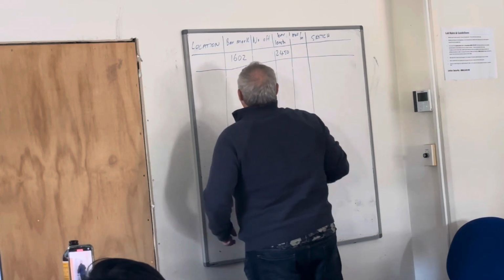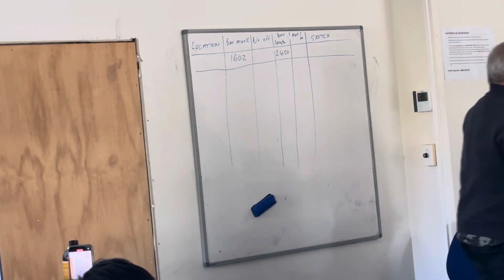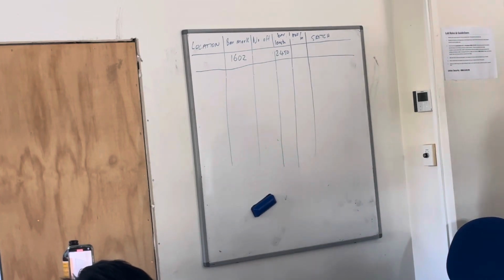Number off. How many of them are there? Well, it looks there that there's 2 of them. But how long is the retaining wall? Retaining wall is 5 metres long, and there's 2 of those every 300 mils.